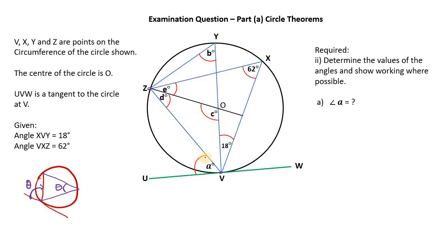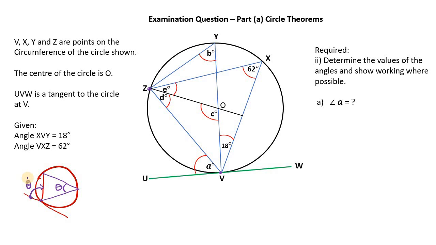So the angle formed between the tangent and the chord ZV is equal to the angle subtended by the chord at the circumference. And in this case, you can see that this chord subtends the angle at the circumference in the alternate segment. So it's going to be 62 degrees.